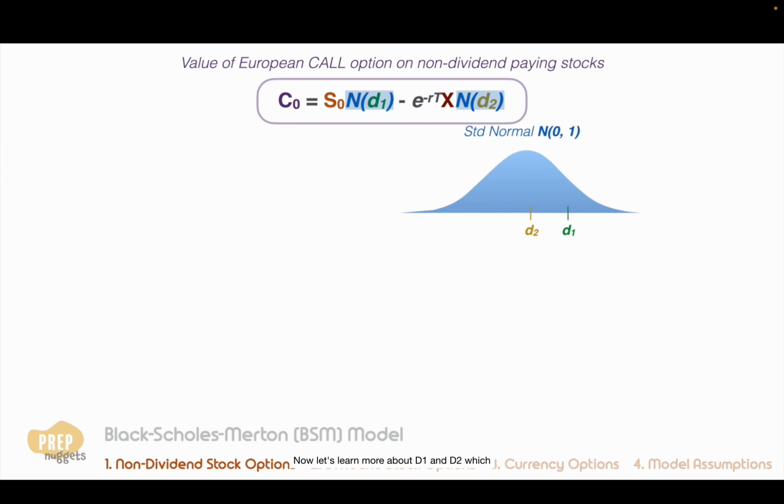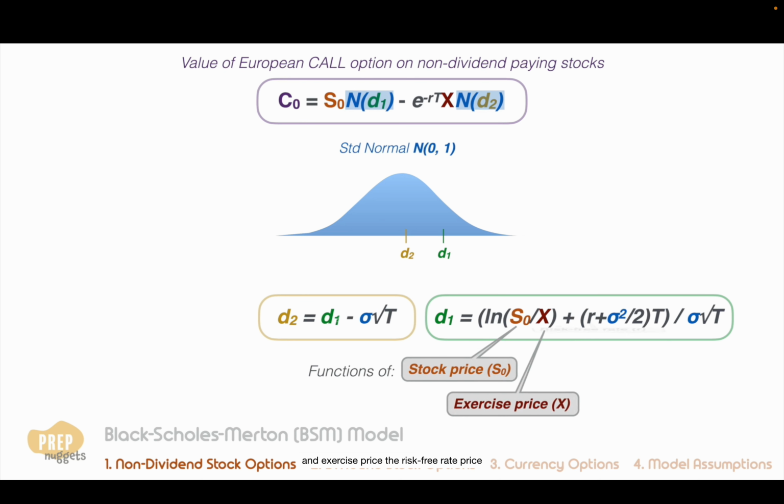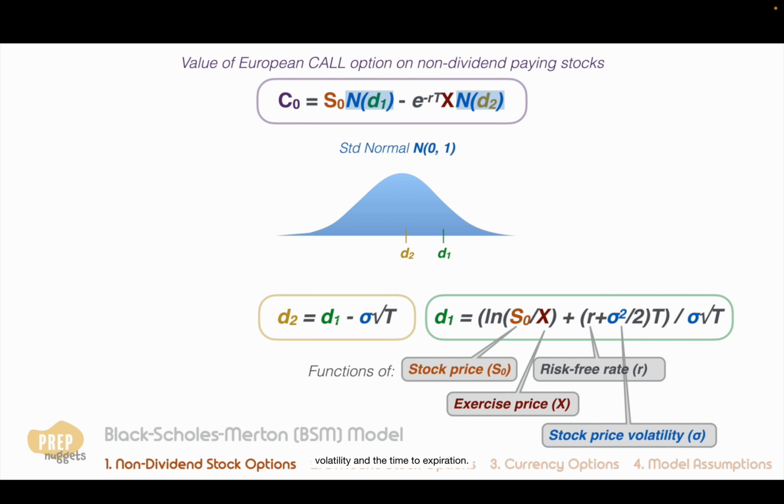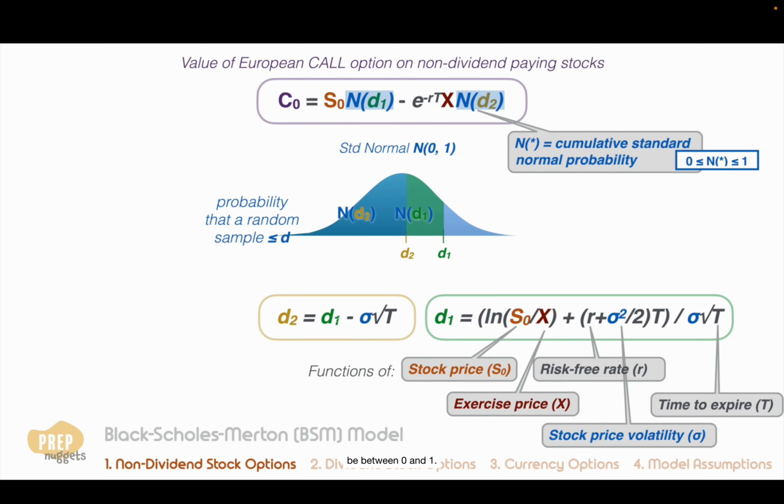Now let's learn more about d1 and d2, which are crucial parameters of the BSM model. d1 and d2 are functions of the stock price and exercise price, the risk-free rate, price volatility, and the time to expiration. N is the standard normal cumulative distribution function, that is the probability that a random sample is lower than d, represented as the area below the curve, so N(d) must be between 0 and 1.